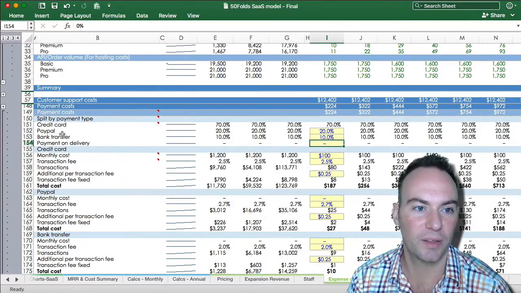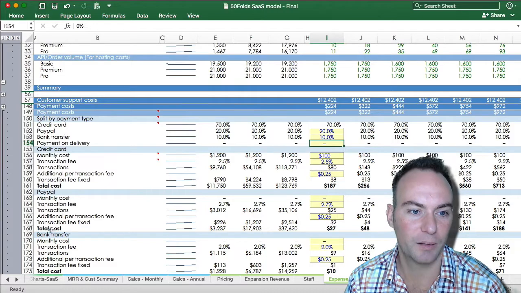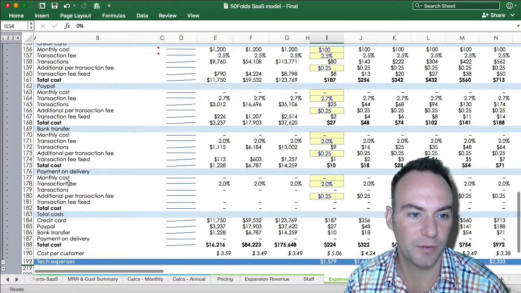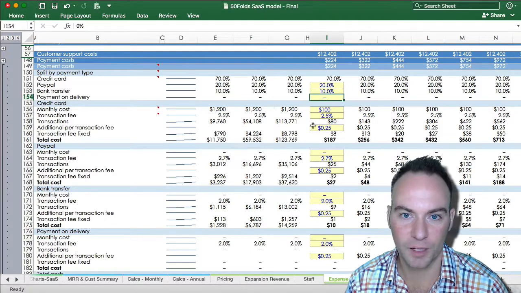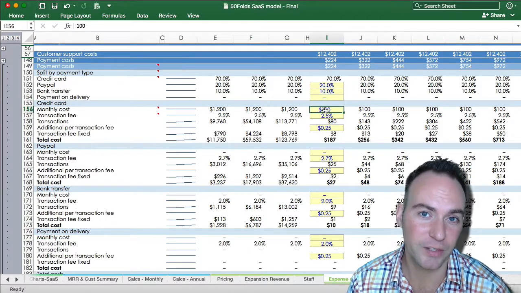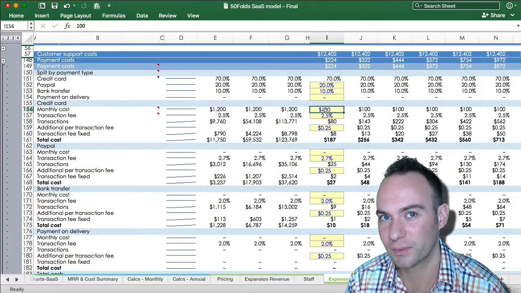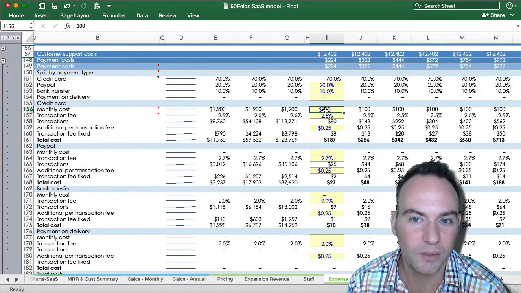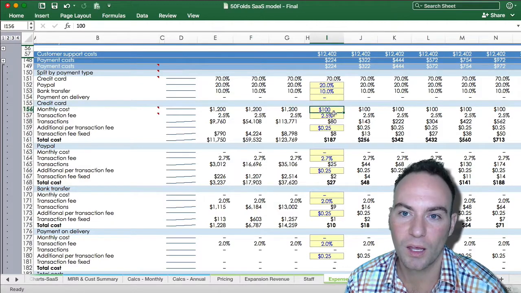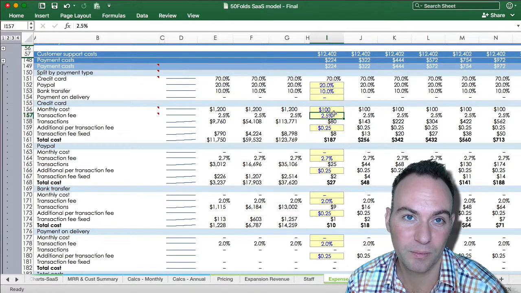Then for each one of these, we have credit card, PayPal, bank transfer, and payment on delivery, and then total costs. So same format for every single one. Do you pay a monthly cost for that service? So for credit cards, which is still sometimes living in the Stone Age, you may have to pay a monthly fee of say $100 or something. So type that in. You're paying a transaction fee, a variable amount.